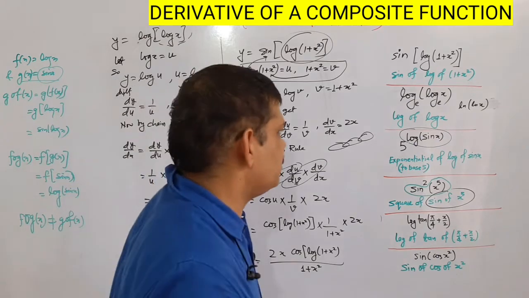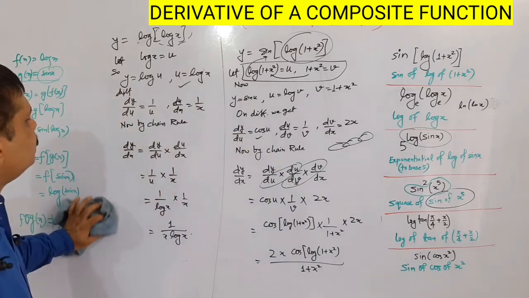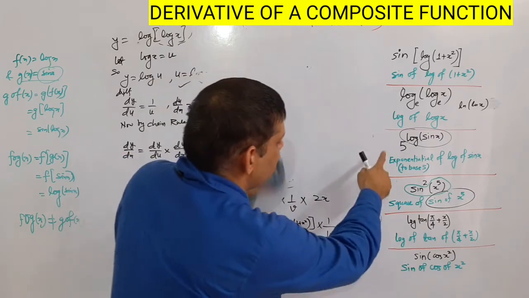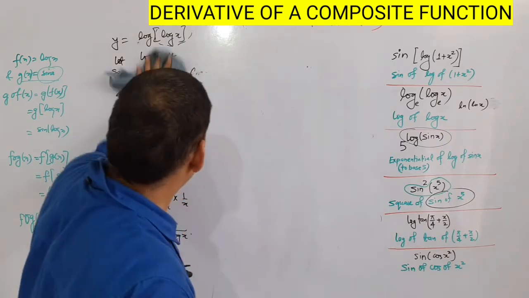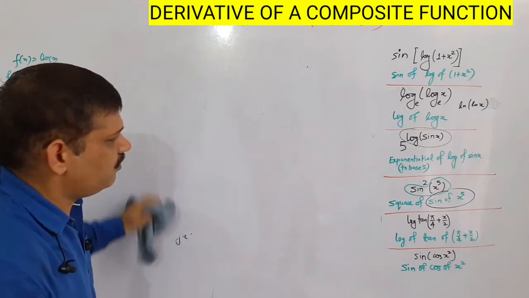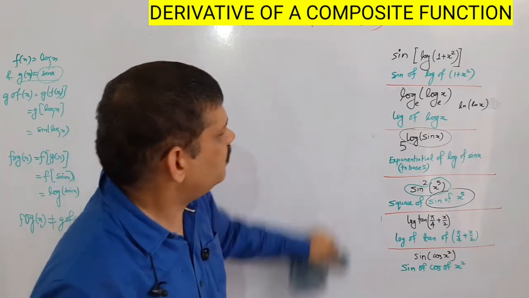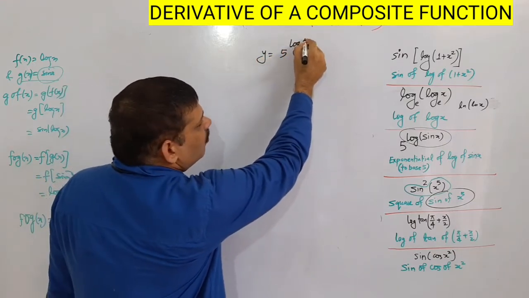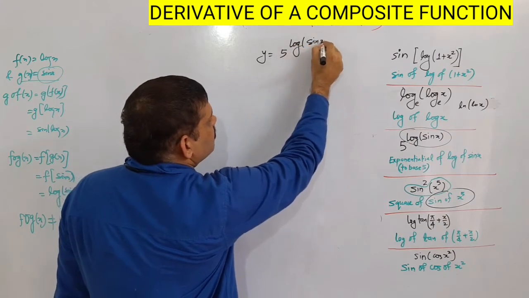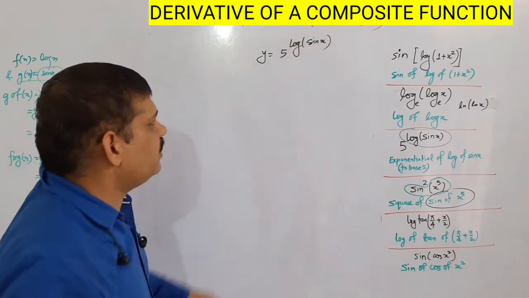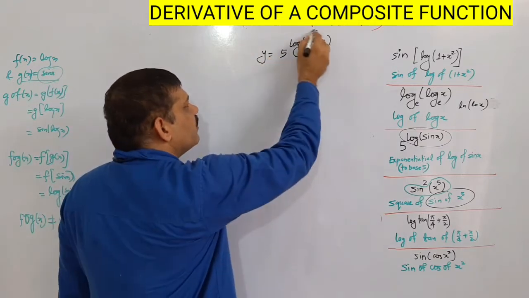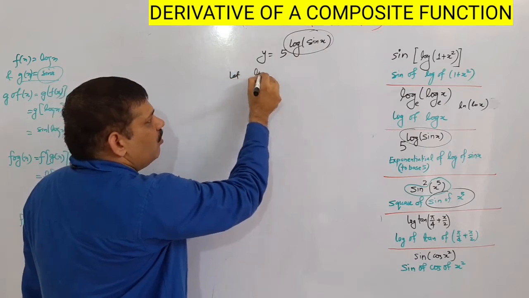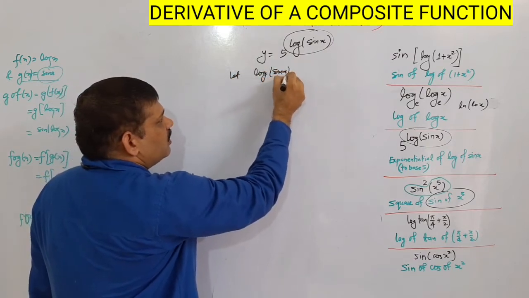Now let's take some more examples. Here we have exponential of log of sine x to the base 5. So here we talk about this. y is equal to exponential of log of sine x. So when we read it, this is exponential of a variable. Exponential of this will be treated as a new variable. So let log of sine x is equal to u.